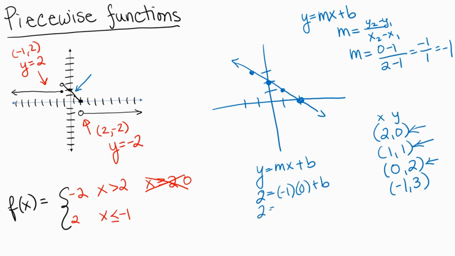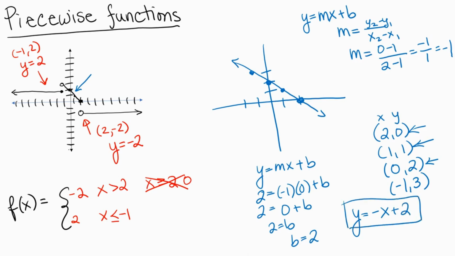So 2 equals -1 times 0, which is 0, plus b. So that means that 2 equals b, or for ease of reading, b equals 2. So our final equation for this section is going to be negative, and you can write -1x if you're comfortable with that, or you can just write -x plus 2, which is our b.